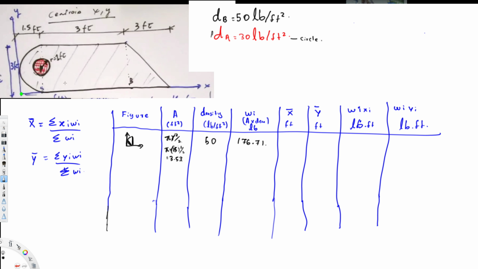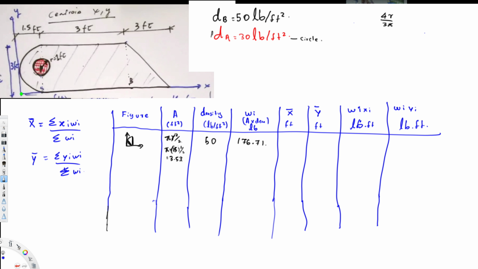It's not 1.5, because we have to remember we are calculating x bar, the distance to the centroid. For the semicircle the centroid is 4r divided by 3 pi. So this is the centroid for the semicircle. Let's put the centroid before we make any mistake. I'll choose a different color.